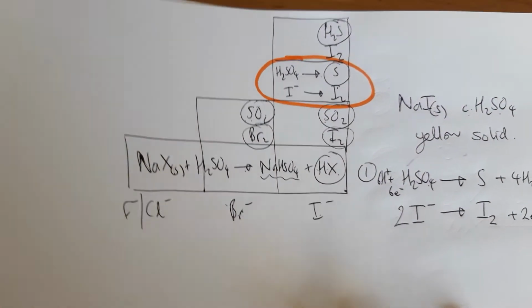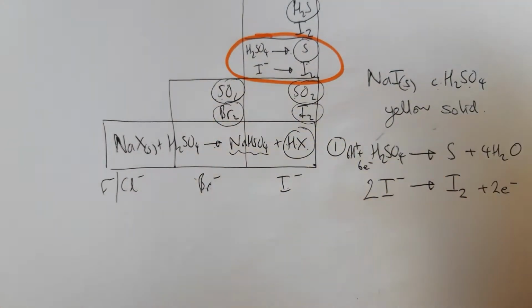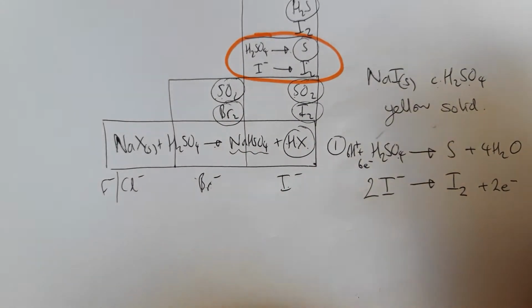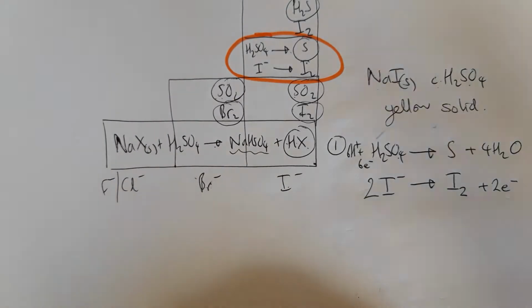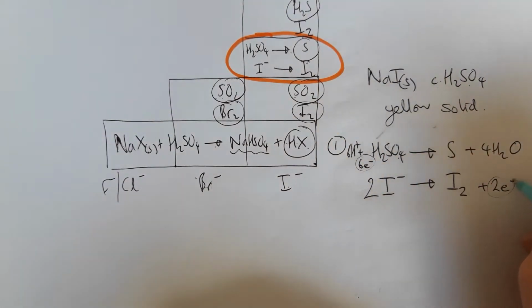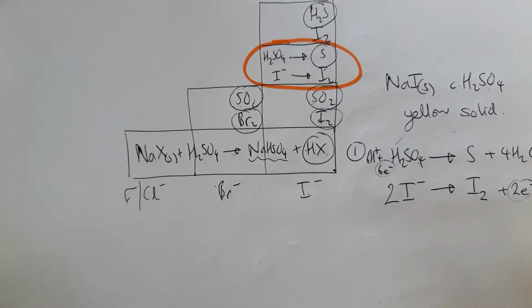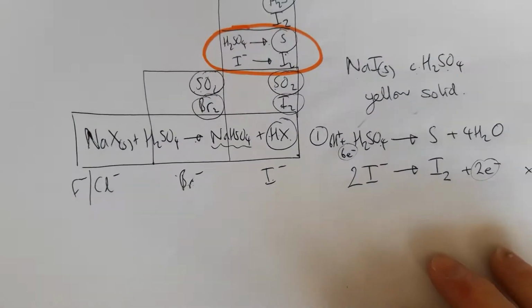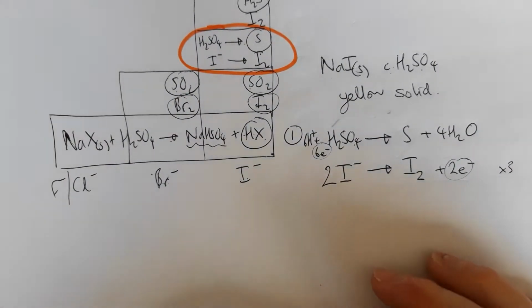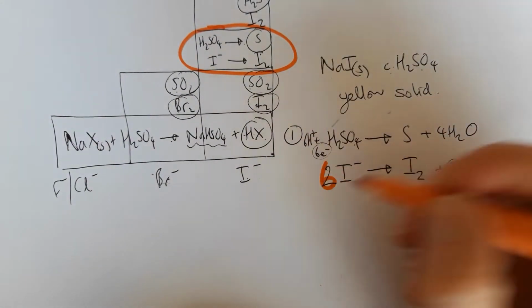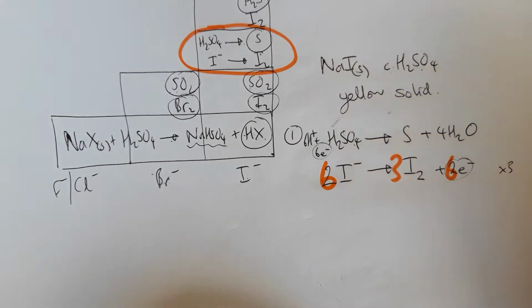These 2 half equations are now balanced. The final thing to do then, there are 6 electrons here and there are 2 electrons in this half equation, so we're going to multiply everything by 3 in this bottom half equation, to get both half equations to equal 6 electrons. So that will be 6 of these, 3 of these, and 6 of these.